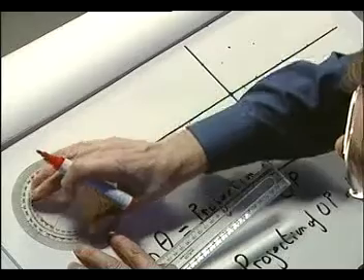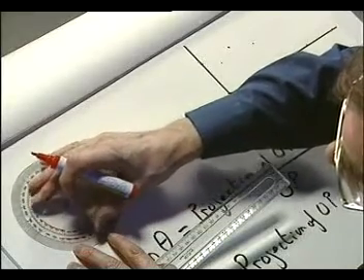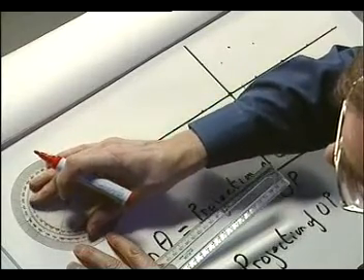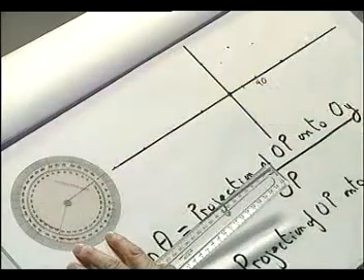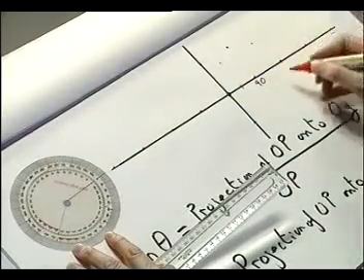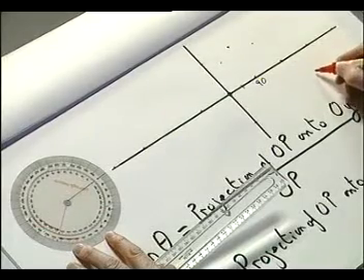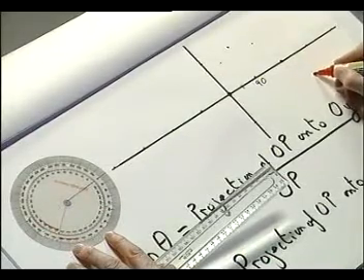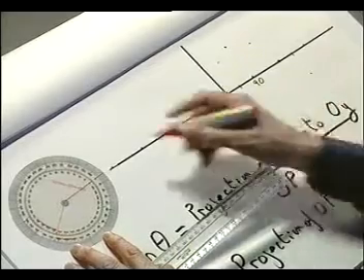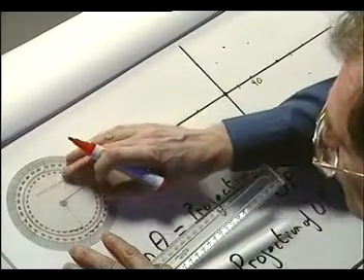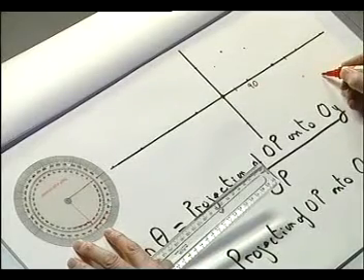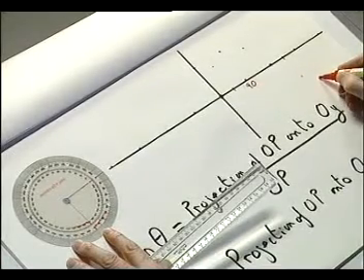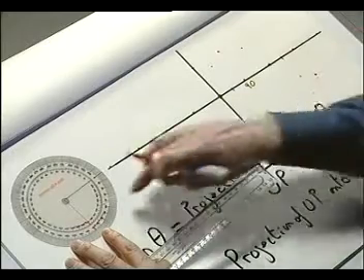As we come down here to 225, which is 180 plus 45, we get a point which is about there. And then as we come down to 270, about there.